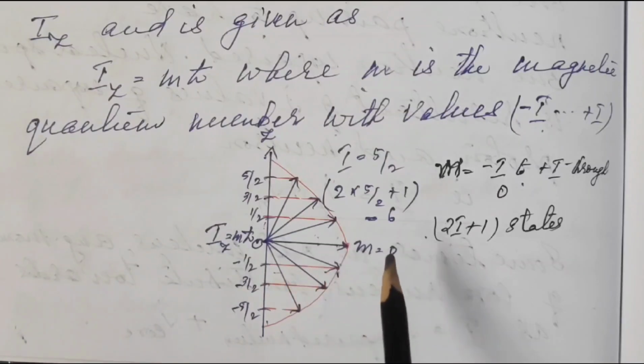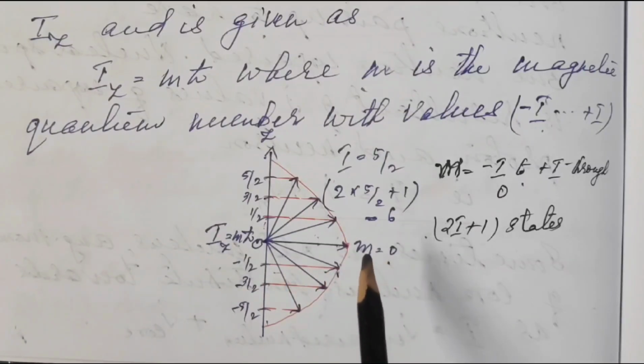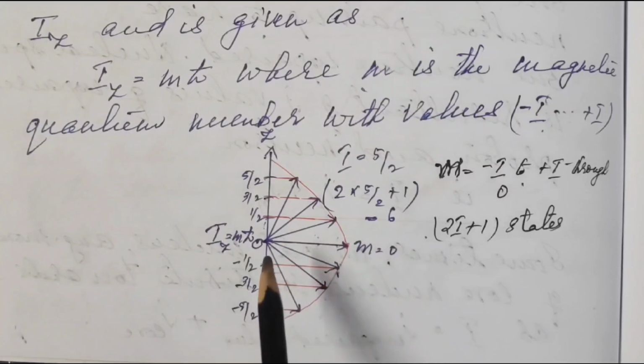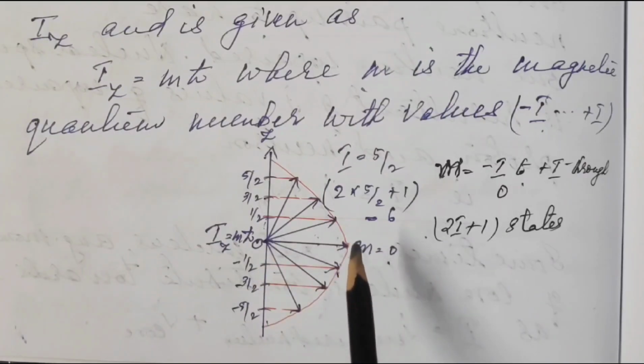And here let us consider the orientation for which m is equal to 0. The length of the vector shows the magnitude of angular momentum, that is 5 by 2.